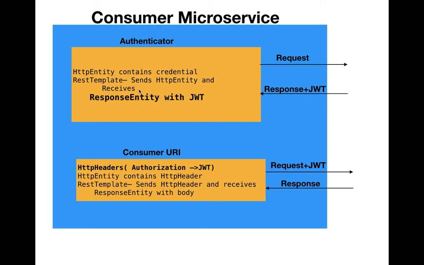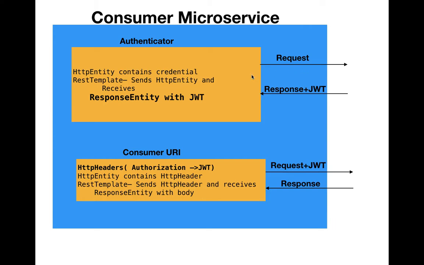That username and password is going to be provided with the help of HTTP entity, and that is going to be enclosed inside the REST template, and the REST template will be sent to the first microservice with the help of the exchange method of REST template. Then the exchange method will return the response entity.